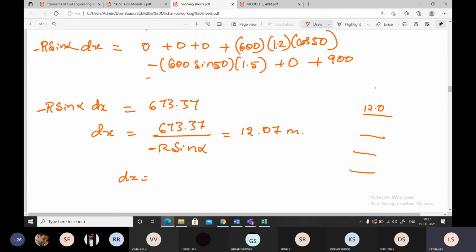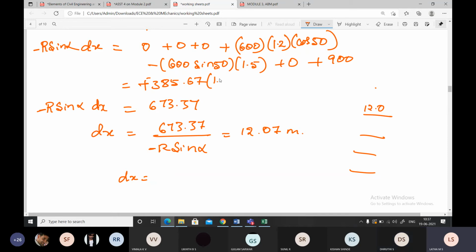What is 600 into 1.2 cos 50, students? 385.67, ma'am, into 1.2. Okay.